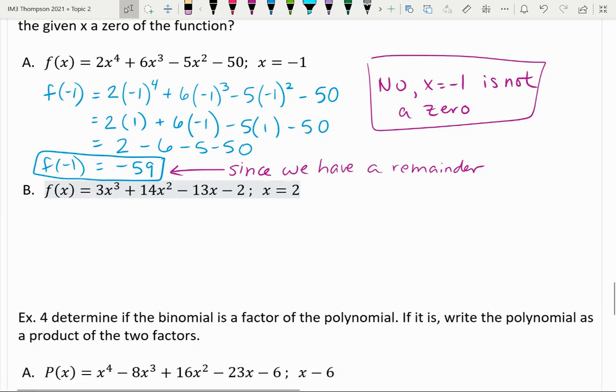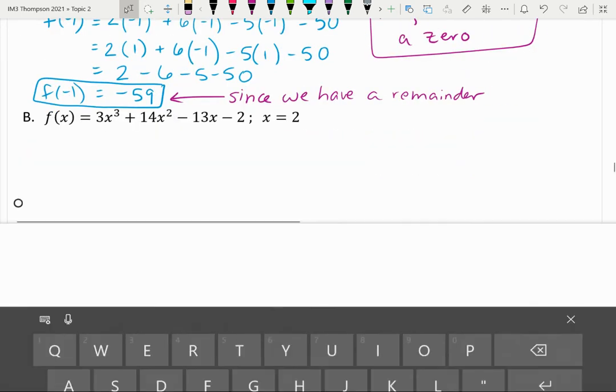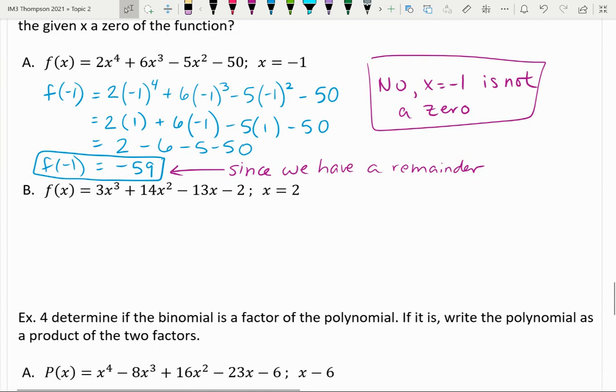It should look like that. Here you go. You'll see f of x a lot, and you'll see p of x a lot. It's the same meaning. So go ahead and find the remainder if the x value is 2 by just plugging 2 in for x.